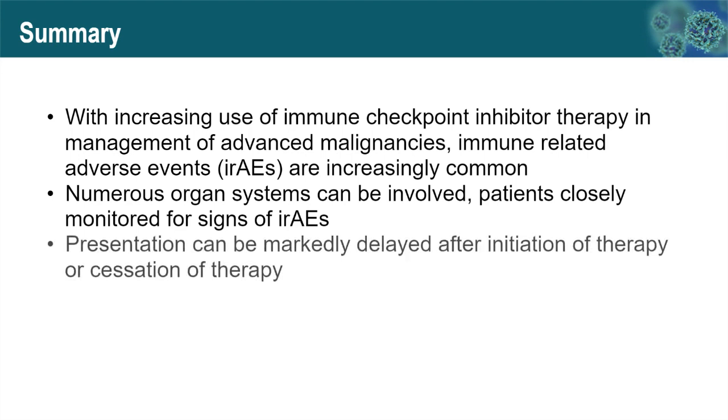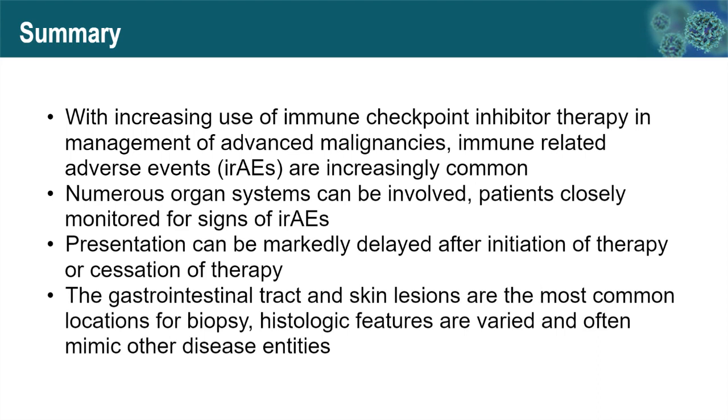The presentation can be markedly delayed after initiation of therapy, or it can be even noted after cessation of therapy. Lastly, the gastrointestinal tract and skin lesions are the most common locations for biopsy because of easy access. Histologic features of immune-related adverse events in general are varied and often mimic other disease entities.